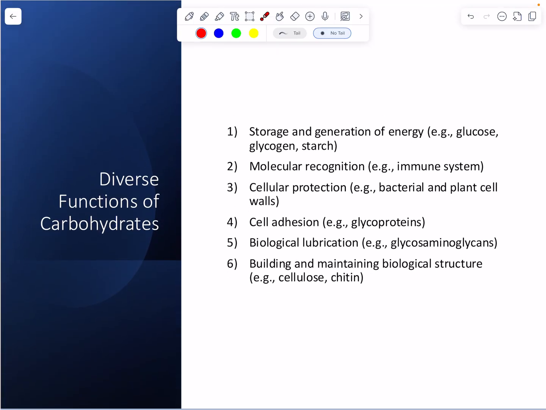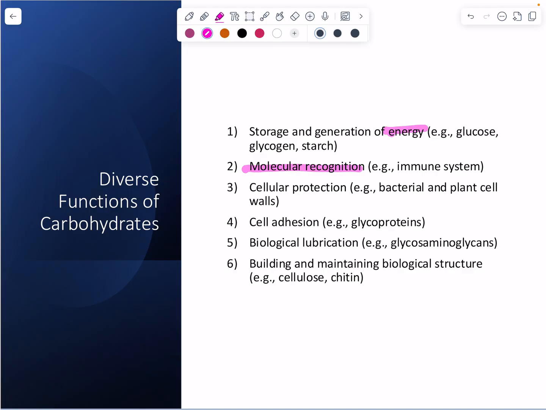Okay, so carbohydrates are not just energy sources. They've got lots of different purposes in biological systems. So obviously they're used to store and generate energy. That's one of their main uses, and certainly that's the most common use on a per gram basis. But again, because of this structural diversity, they're very good for molecular recognition. They can be used in structural ways.